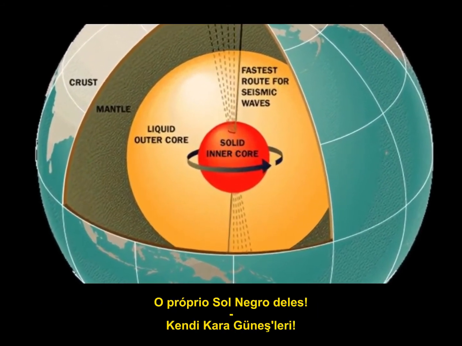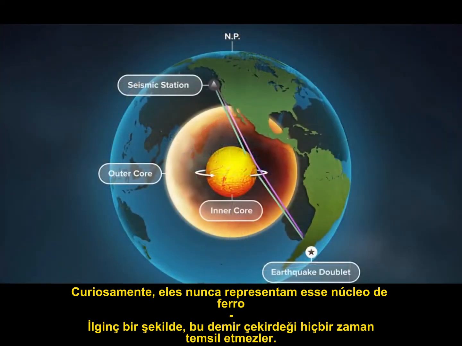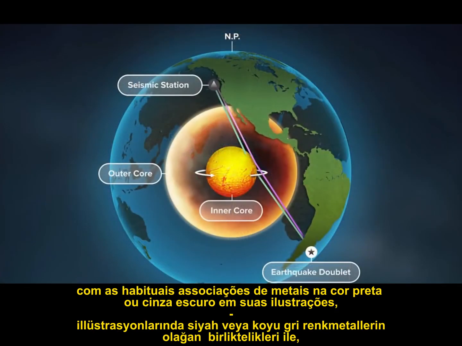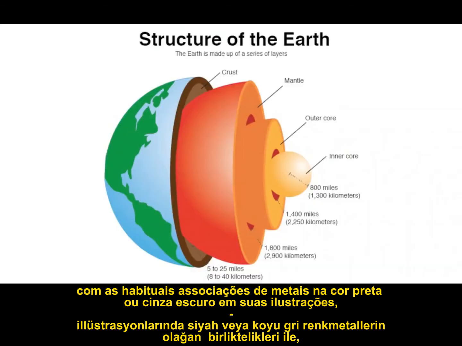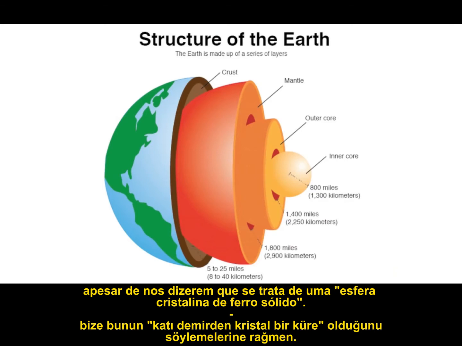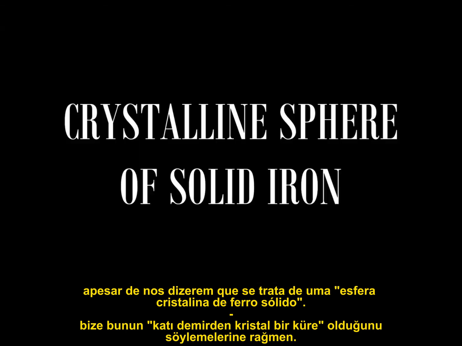Their own black sun. Interestingly, they never represent this iron core with the metal's usual black or dark grey colour associations in their illustrations, despite telling us it is a crystalline sphere of solid iron.